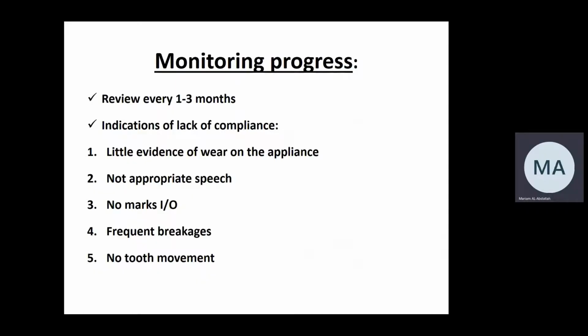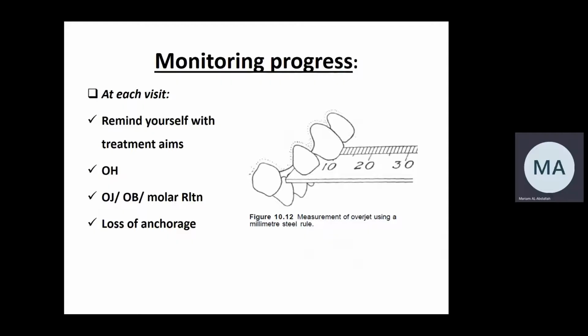If I check intraorally and there are no marks around the different components of the appliance on the palate, that means he's not wearing it. If the appliance is experiencing frequent breakages, that means it's being outside his mouth more than inside his mouth. And of course, if I look inside the mouth and I examine the teeth that I wanted to move and there is no progress, that means the patient is not complying.